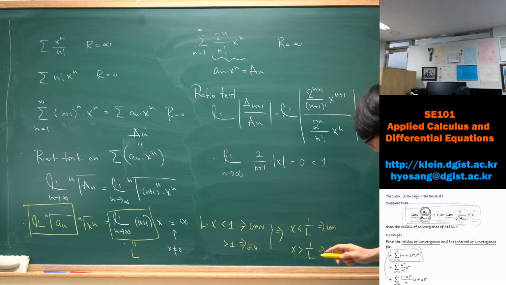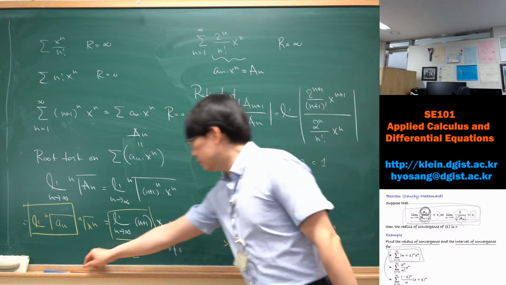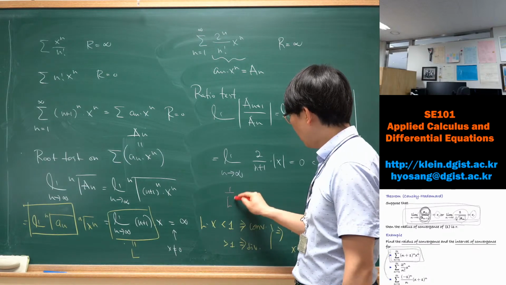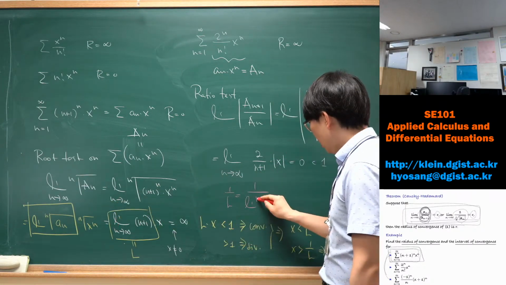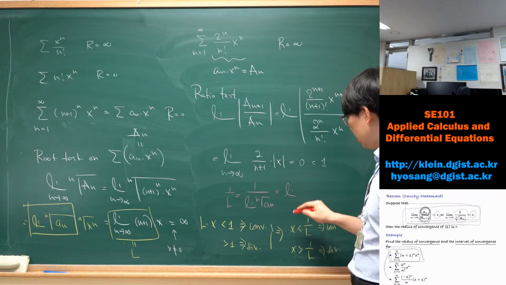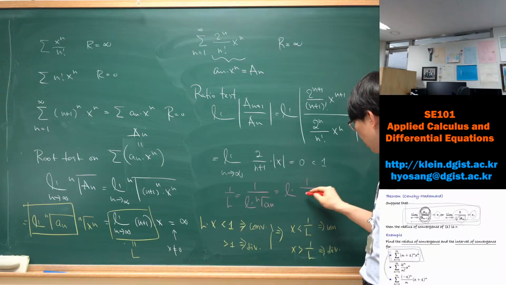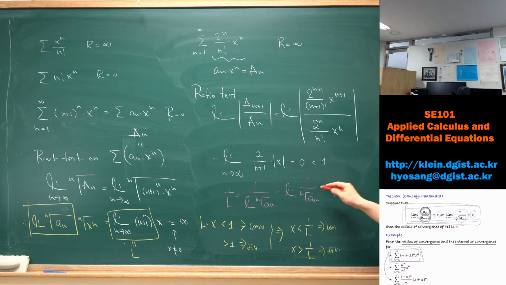Okay? So what is 1 over L? 1 over L is 1 over the limit of this nth root of an. In other words, you can take this as the limit of 1 over the nth root of an. Okay? So that's 1 over L.